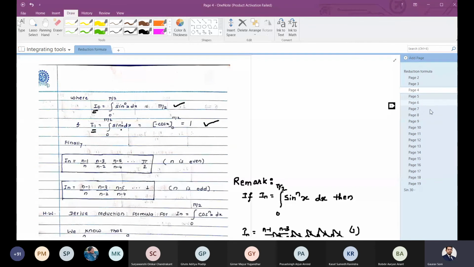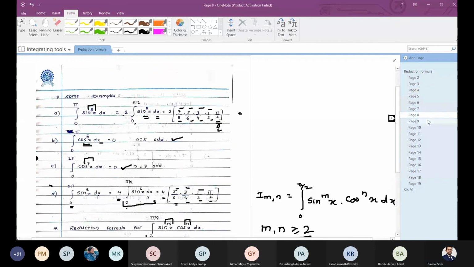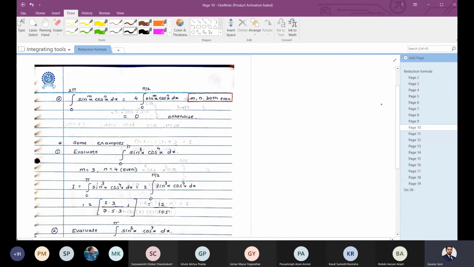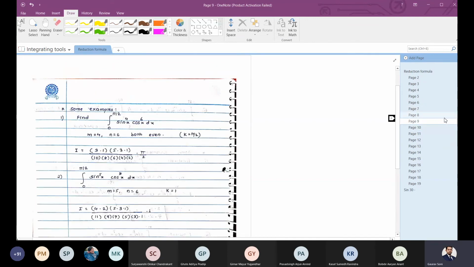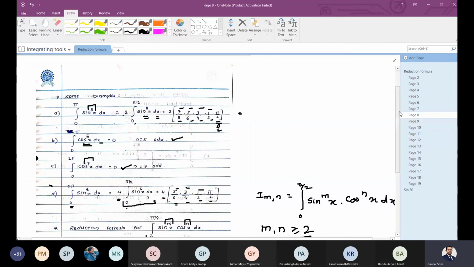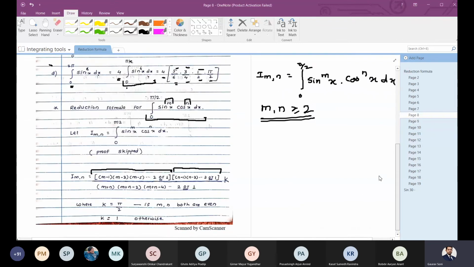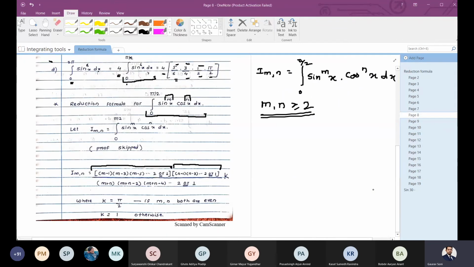So what we see here is that we are actually subtracting odd numbers. I'll get back to this. You take the power of sine, you subtract 1 in the first term, then 3, 5, and so on. You go up to 1 or 2.